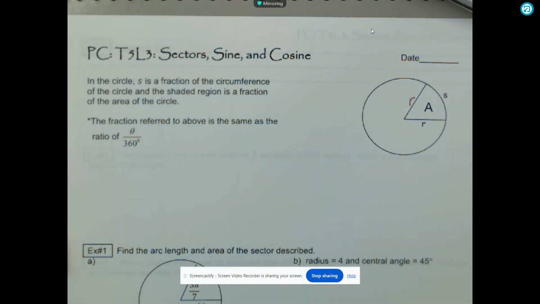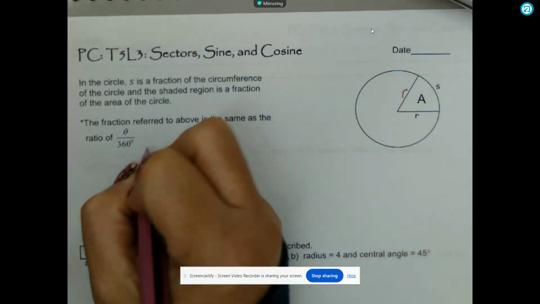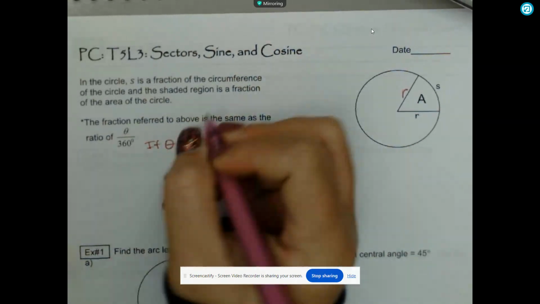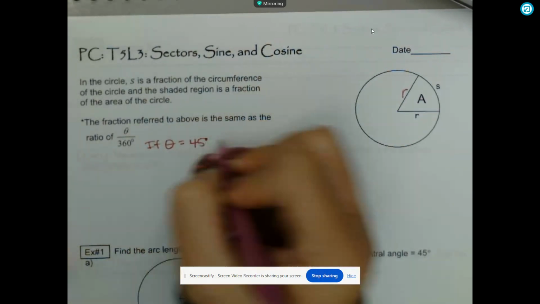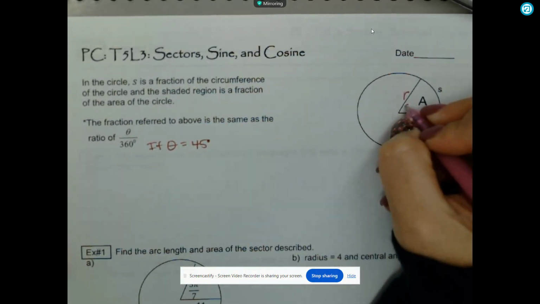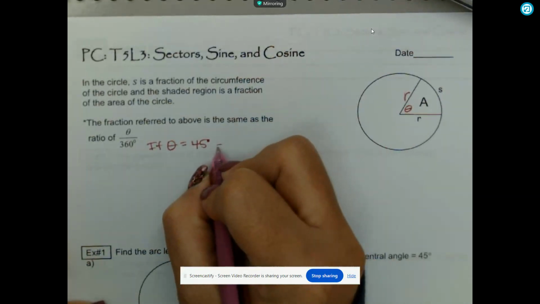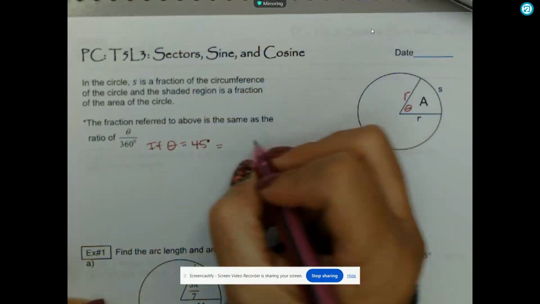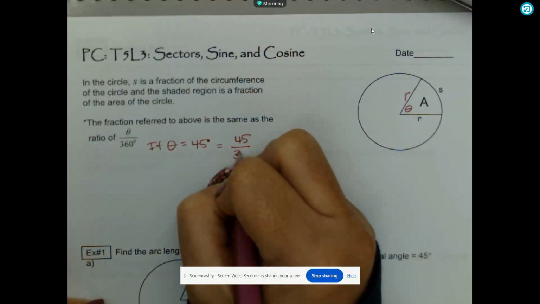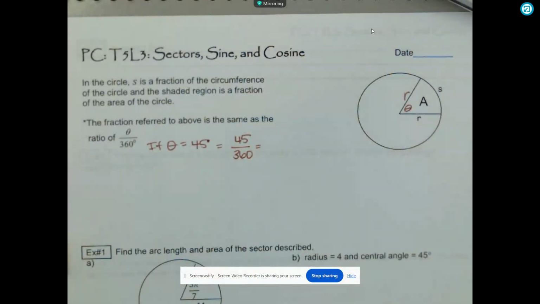Okay, so we're going to do a couple of examples here. Let's say theta equals 45 degrees. Theta would be in here, it's that angle at the center. So if theta equals 45 degrees, then using this conversion right here, it would equal 45 over 360. Again, that's just common sense.